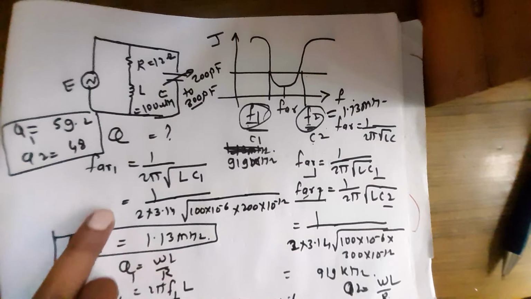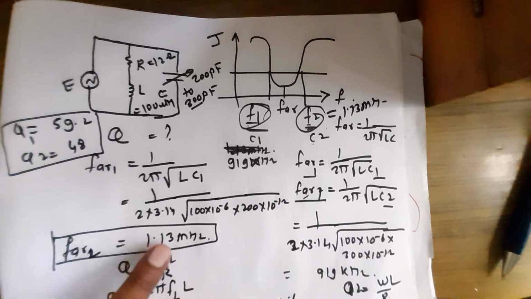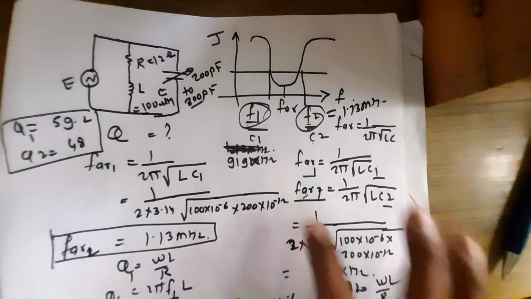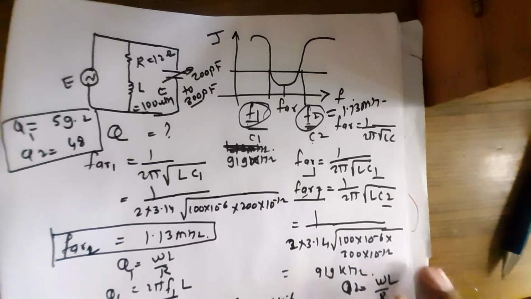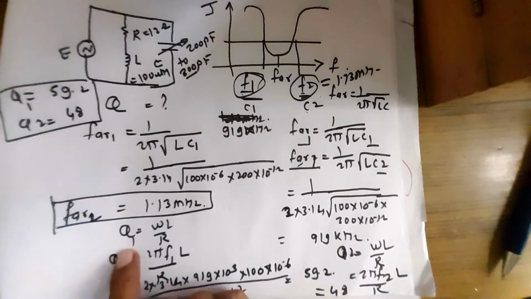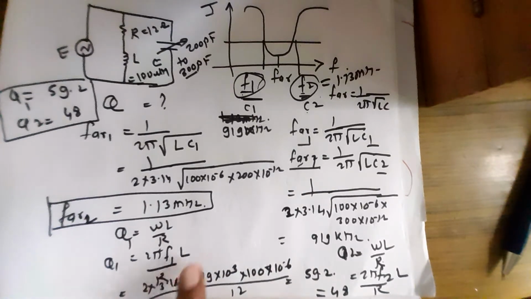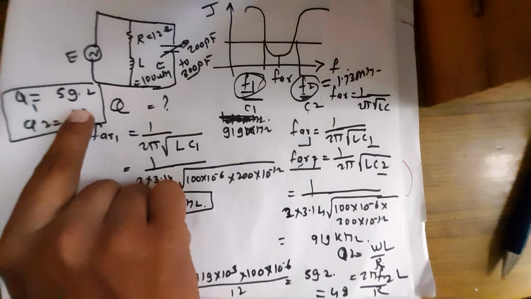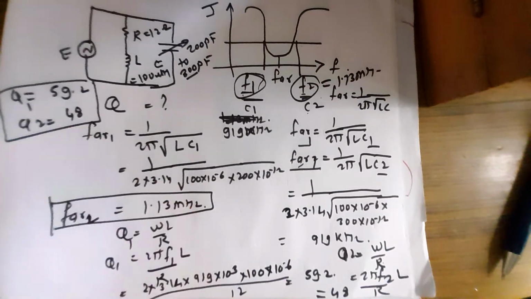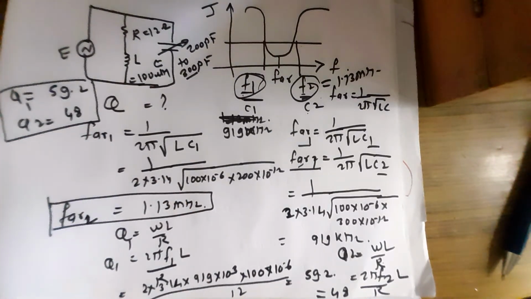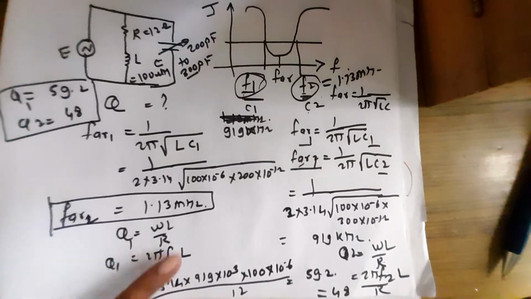So here we will get FAR1 as 1.13 megahertz, and FAR2 as 911 kilohertz. Similarly, we will also find out the values of Q1 and Q2. Q1 equal to 2 pi F1 L divided by R and Q2 is the other value. So Q1 equal to 59.2 and Q2 is 48. For Q there is no unit, for frequency the unit is hertz.